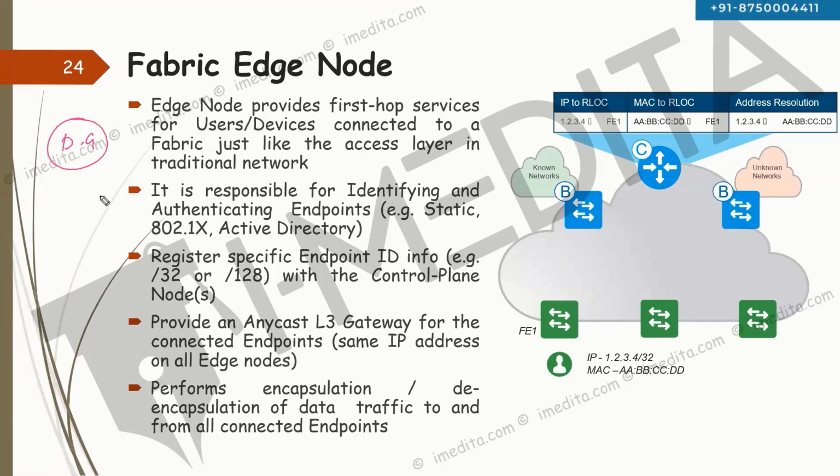It is also responsible to identify and authenticate the endpoint using techniques such as static authentication, 802.1X, Active Directory, whatever. When the end user is joining the network and we have set some sort of authentication, it is the responsibility of the fabric edge node to perform the authentication of the endpoints using maybe 802.1X, Active Directory, user ID, password, or whatever.